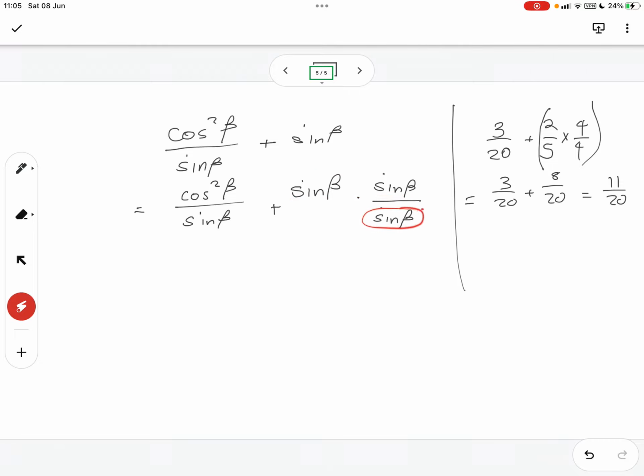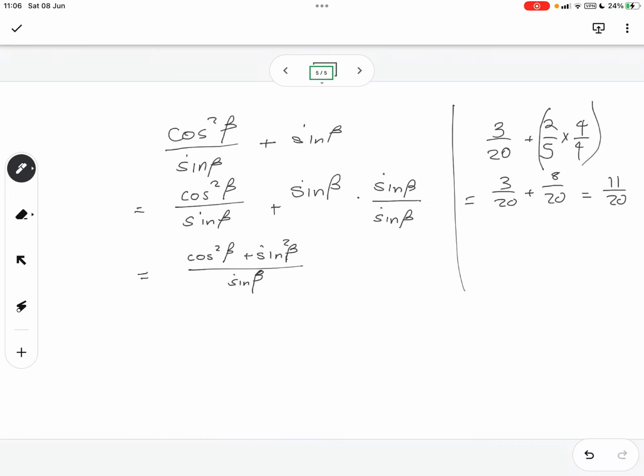And what happens is cos squared beta over sine beta plus, then this becomes sine squared beta over sine beta. Now the denominators are common, lowest common denominator. You know that phrase, LCD.